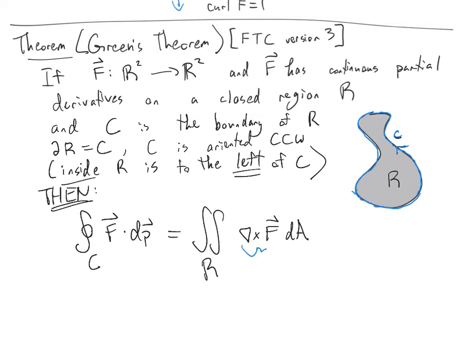And just point out, this is a scalar, so it's assigning to every point inside of R some scalar number that's associated to the x and y coordinates, which is amazing. So take a moment, pause this, record this, and just memorize Green's theorem because it's so useful.